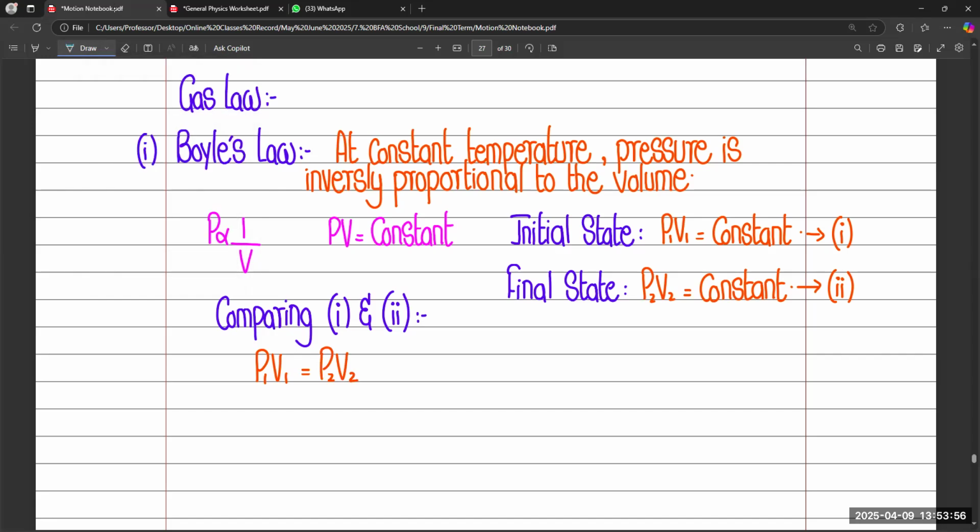And we use this equation directly for calculations in the question.